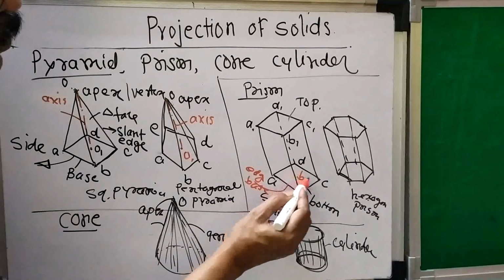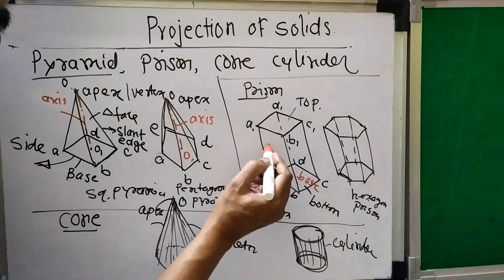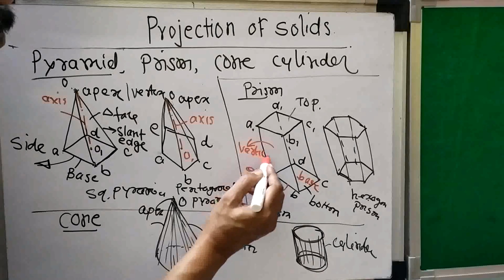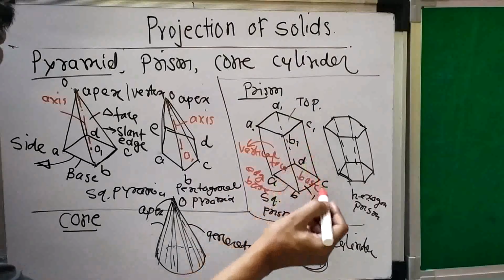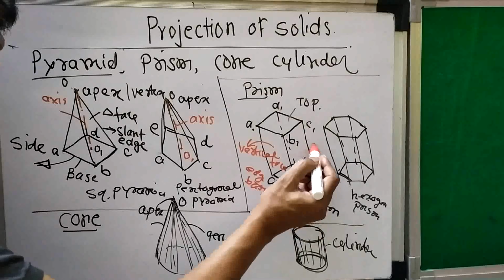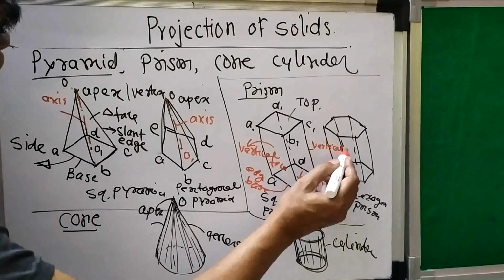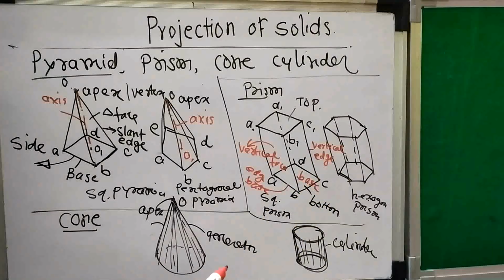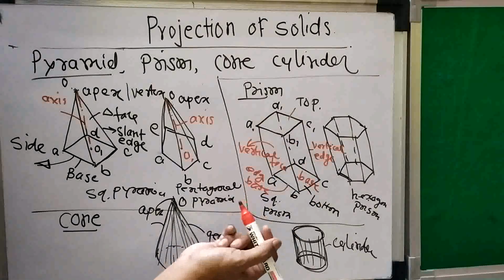In case of a prism, we have an edge of base or side of base, then we have a base, then we have a vertical face. This is the vertical face. And what is this CC1? This is the vertical edge. So these are the parts of the solid.